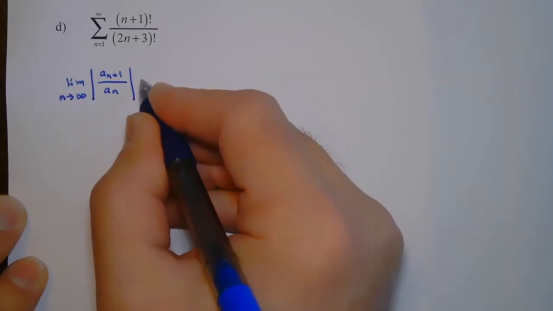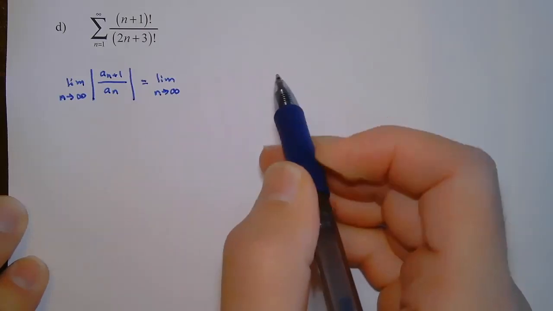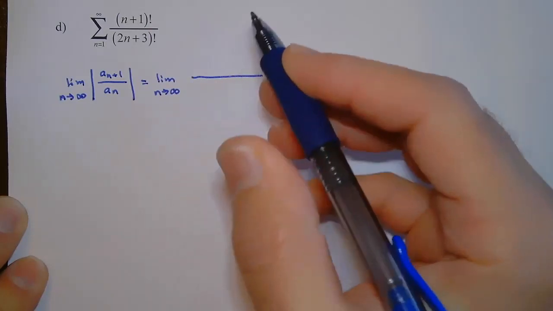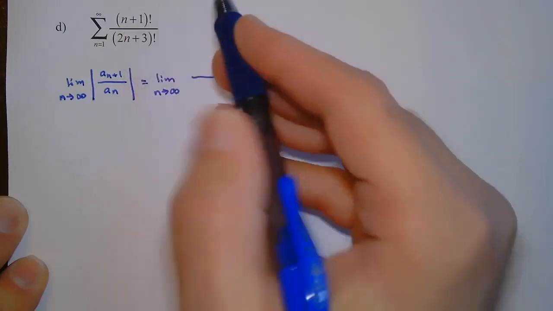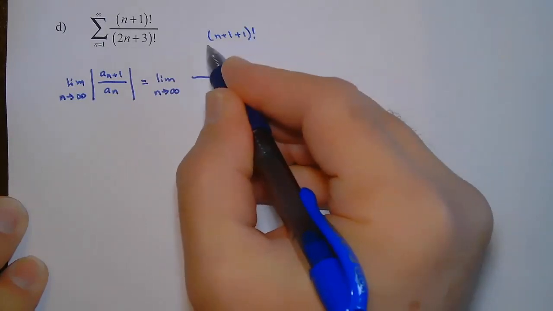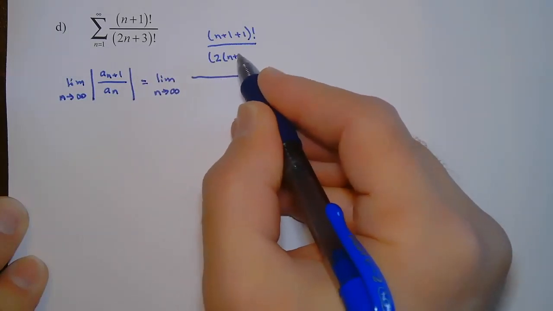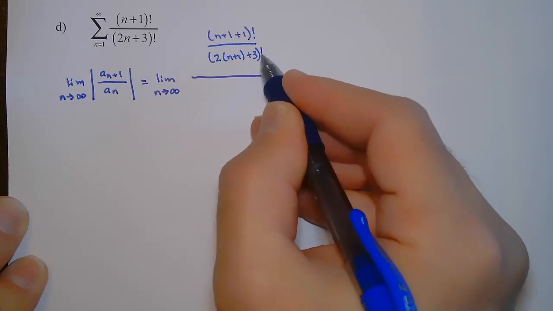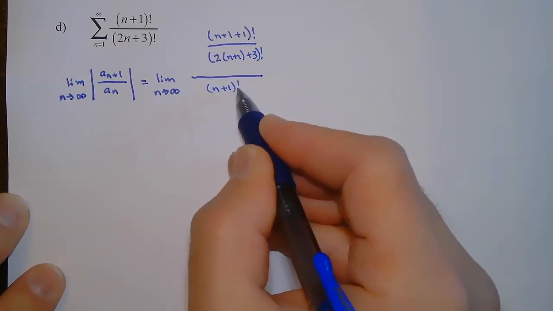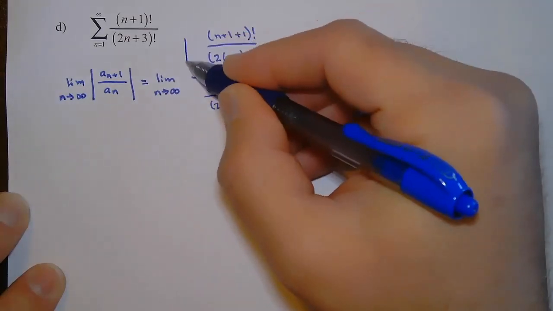That would equal the limit as n goes to infinity of, this is our main fraction bar, (n plus 1 plus 1) factorial over 2 times (n plus 1) plus 3 factorial, and then the denominator is (n plus 1) factorial over (2n plus 3) factorial, and then the absolute value of that.